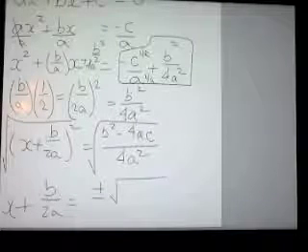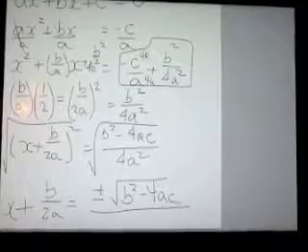So x plus b over 2a equals plus or minus the square root of b squared minus 4ac. And the square root of 4a squared: the square root of 4 is 2, and the square root of a squared is just a. So it's 2a, and that should look familiar.